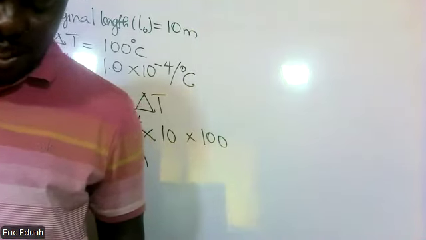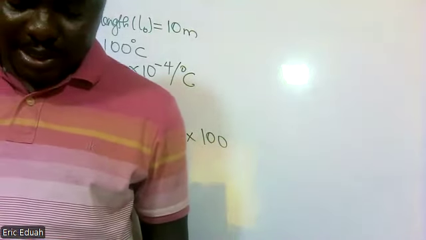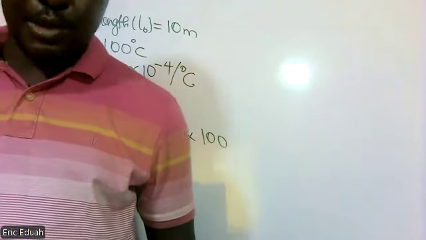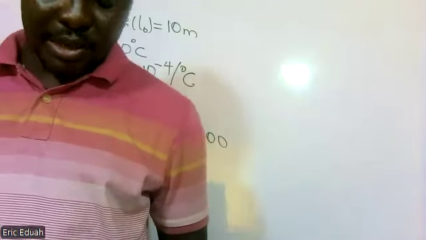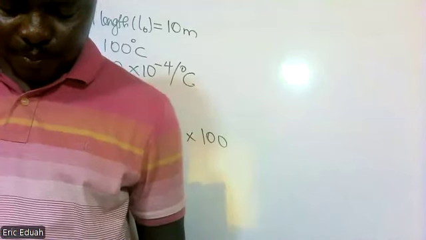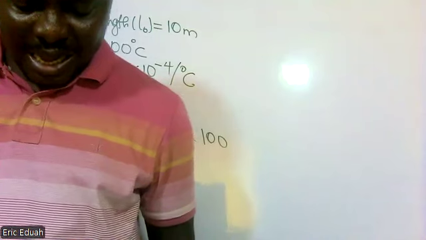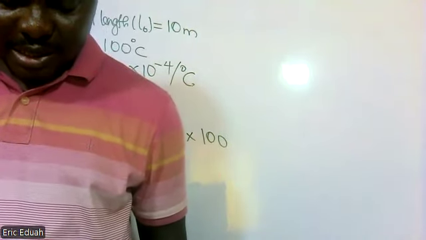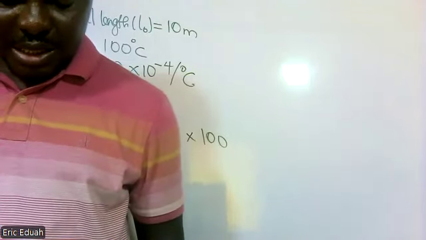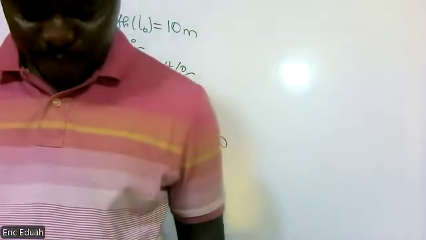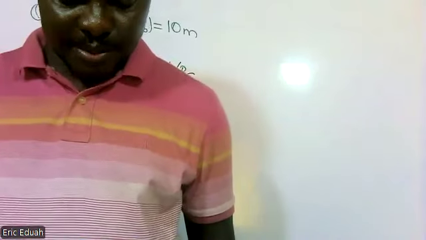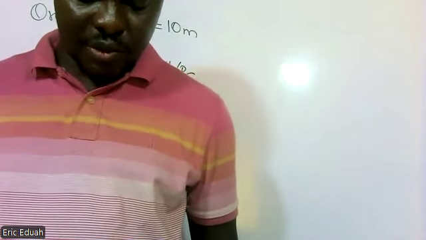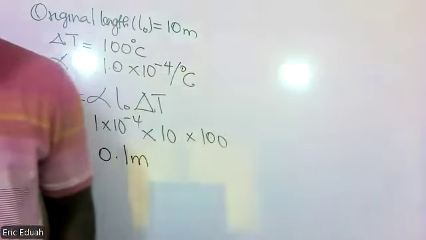The density of a metal is 8.9 gram per cm cube at 0 degrees Celsius.